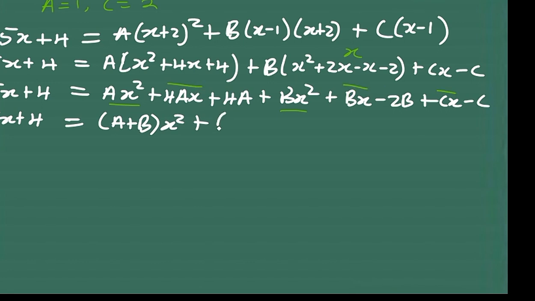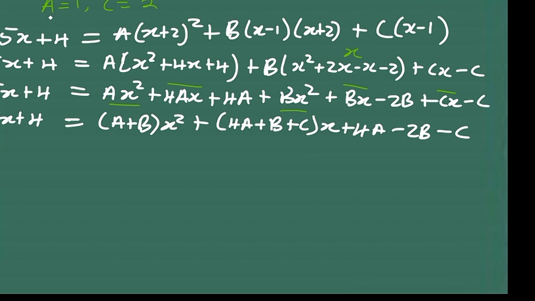So this will be into bracket 4a plus b plus c times x. And here we have the constant 4a plus, sorry, that should be minus 2b minus c. Okay, so let's equate their coefficients.